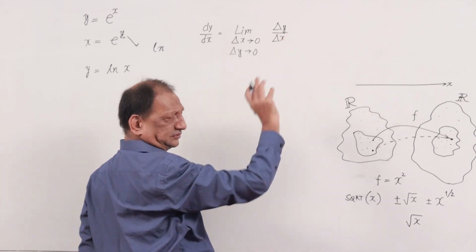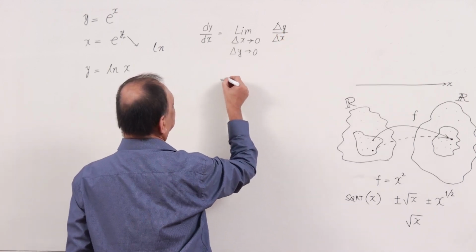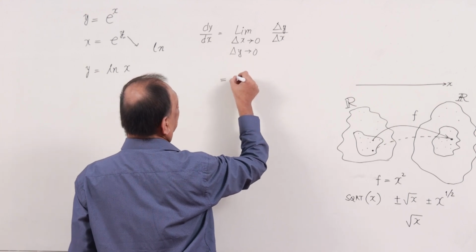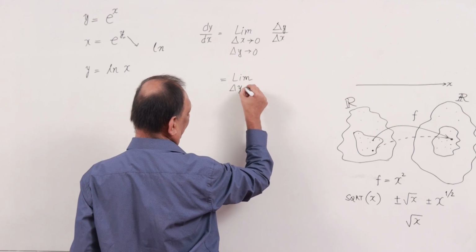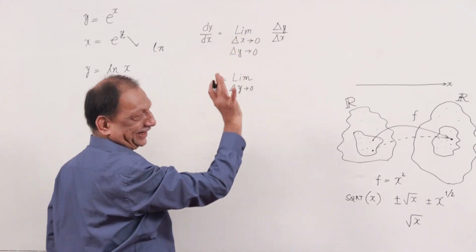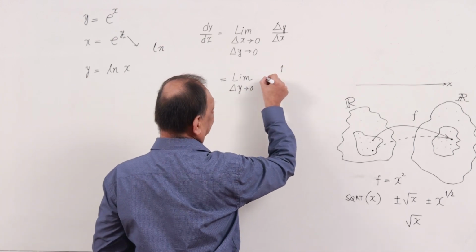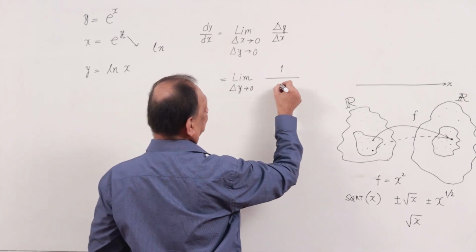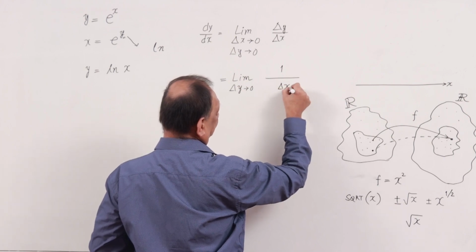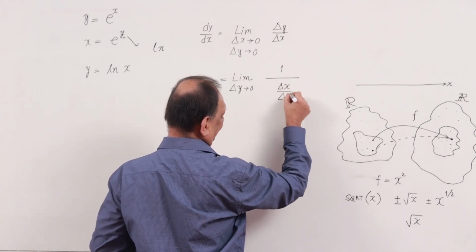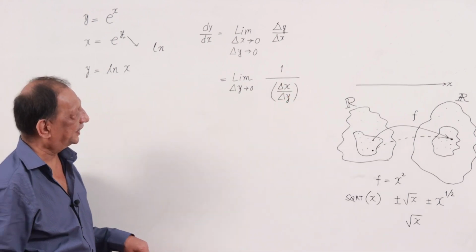So I can invert it. So I can write that as limit delta y goes to 0, 1 over delta x by delta y. Correct?